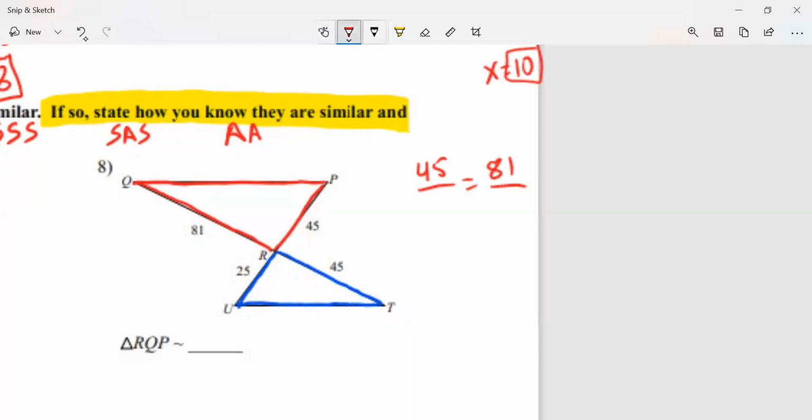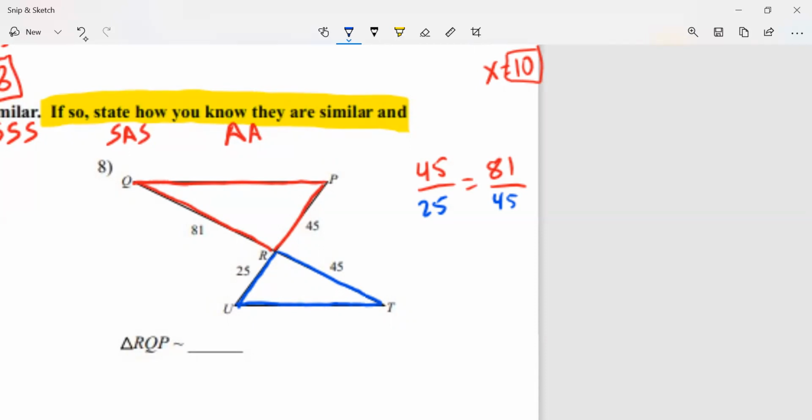From the blue triangle, I see the numbers 25 and 45. Notice I went from small to large. Looking at the red numbers, 45, 81, I listed those from small to large, and then on the blues, also from small to large.